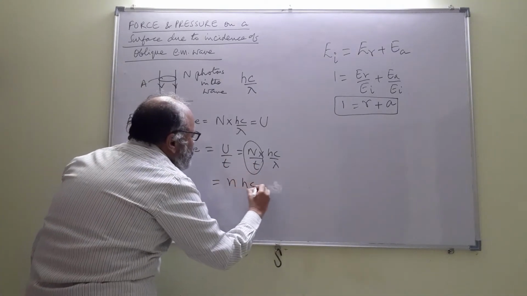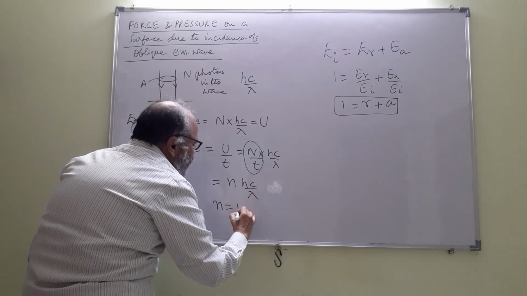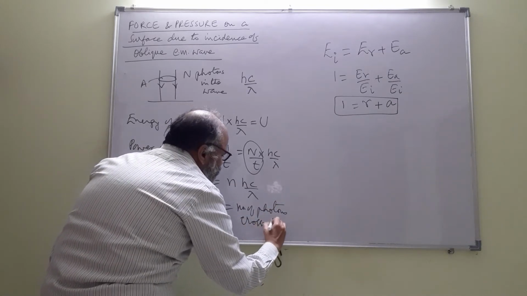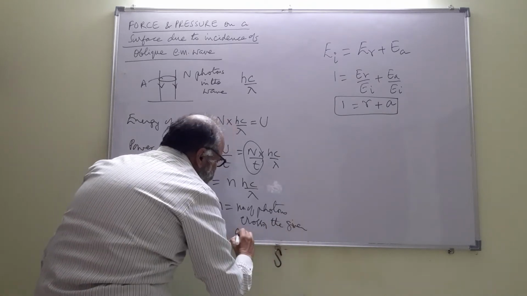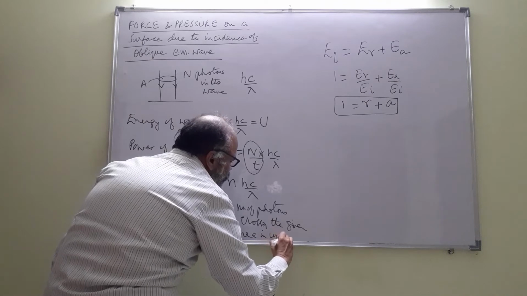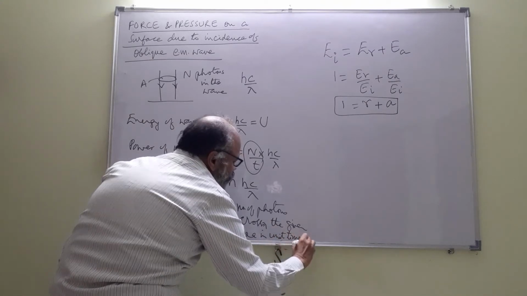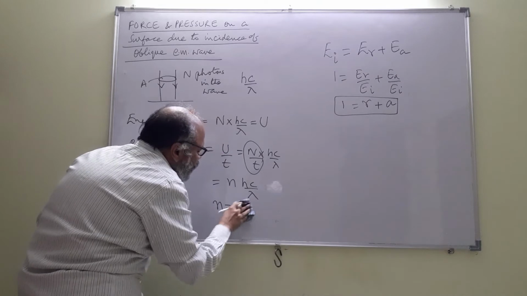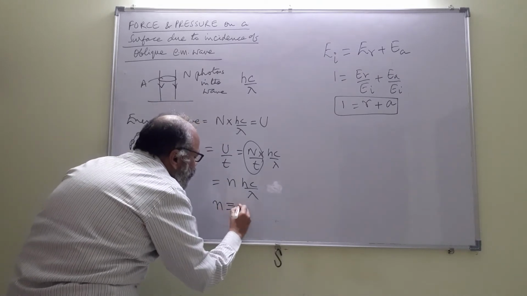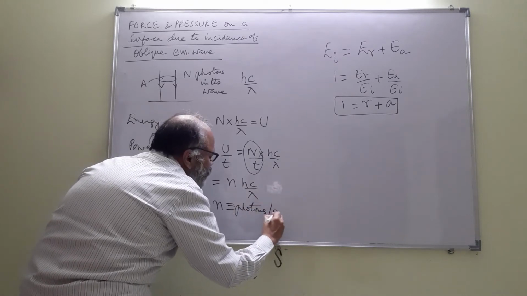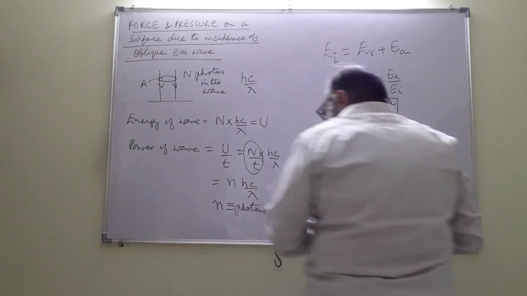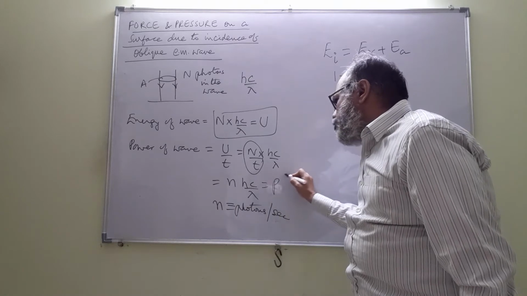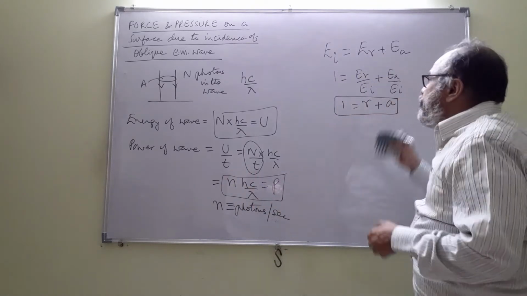So n is photons per second through the given area, and p is the power of the wave.